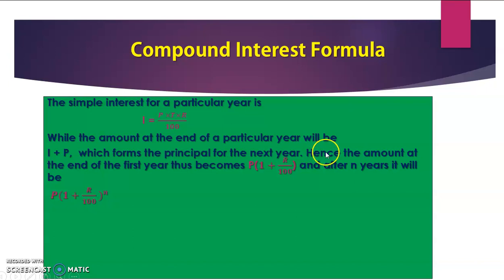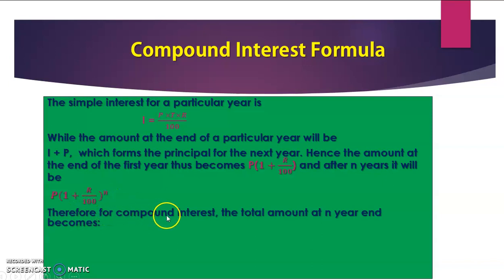Hence, the amount at the end of the first year becomes P(1 + R/100). And after n years, it will be principal (1 + R/100) all raised to power n.